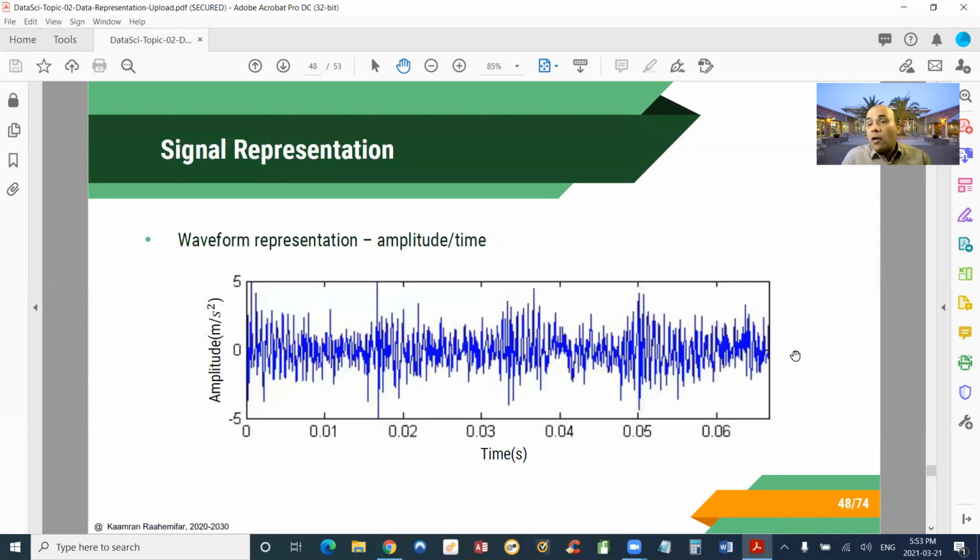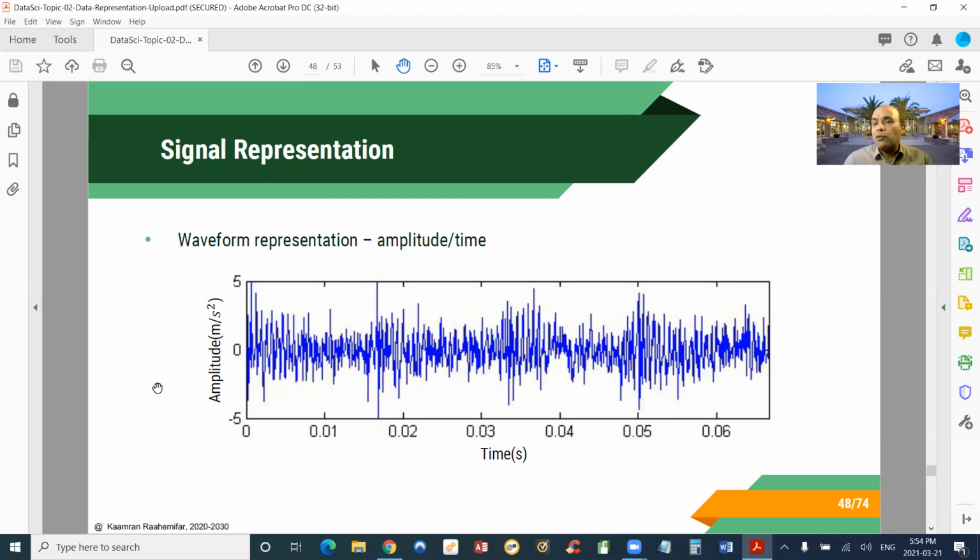Now, when we talk about waveform representation, it is going to have an axis of time. This is potentially seconds, 0.01 up to 0.06, possibly 0.07. So the time is the x-axis, and the amplitude is shown on a vertical axis. And the amplitude, you could define what that amplitude means.